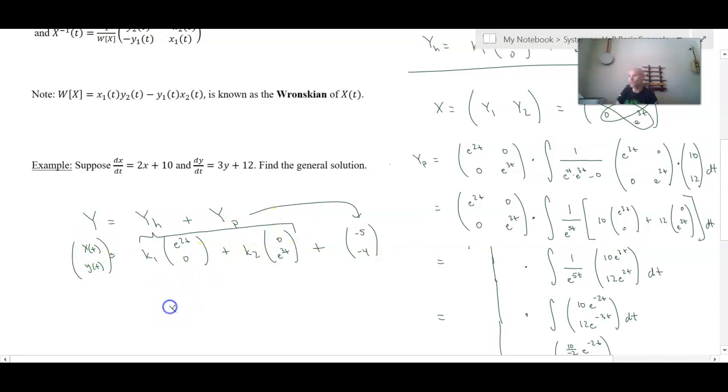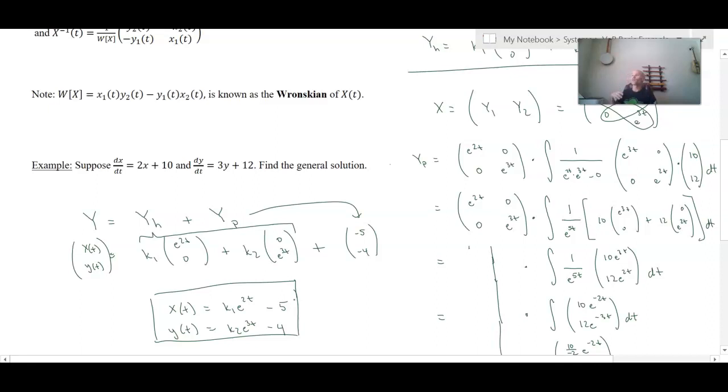So the general solution for x of t will be k1 e to the 2t, that comes from the homogeneous, plus 0, plus -5. And y of t will be k1 times 0 plus k2 e to the 3t plus -4. And there is my general solution.